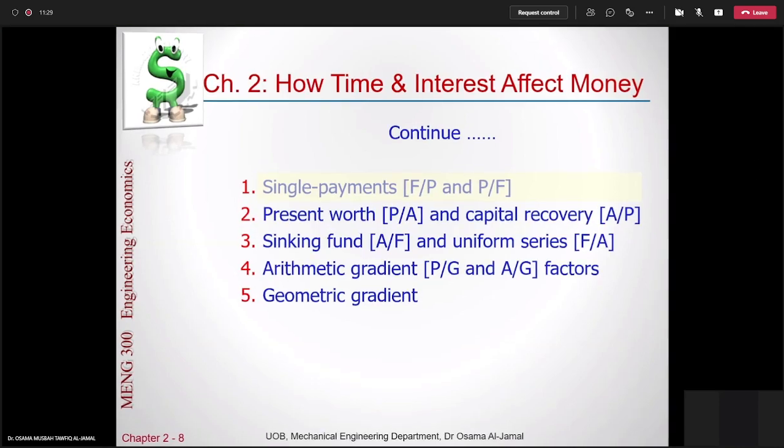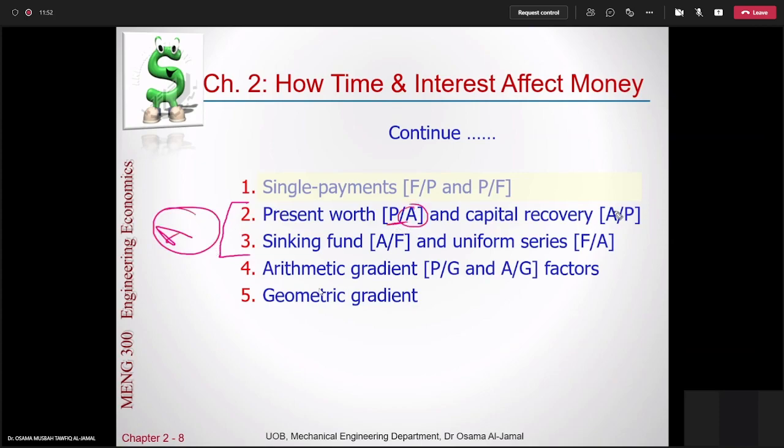Thank you. What we did in a previous lecture, we covered the single payment, either to find the F given the P or to find the P given F. Today, inshallah, we'll see those two sections for the annuities.